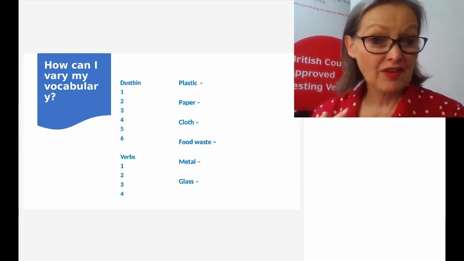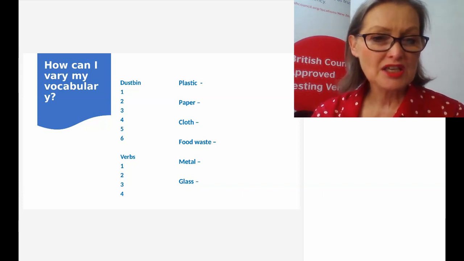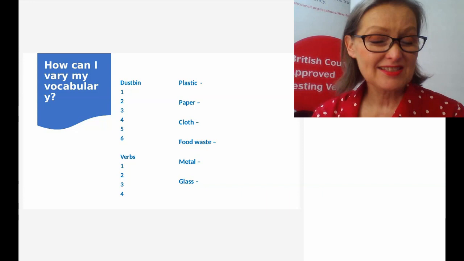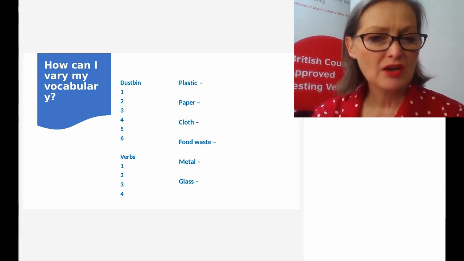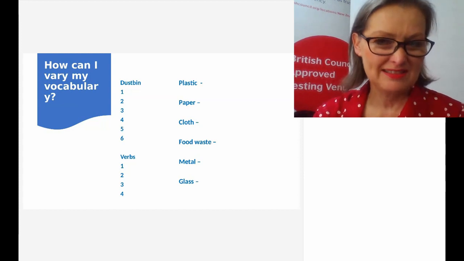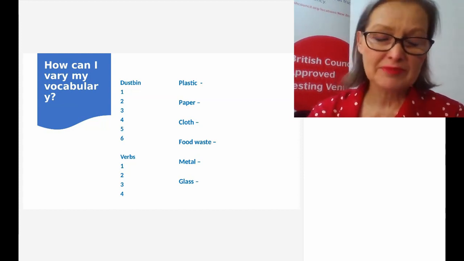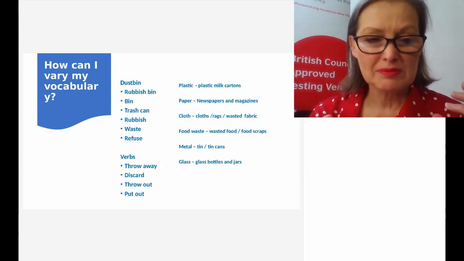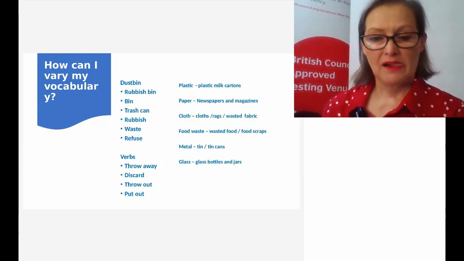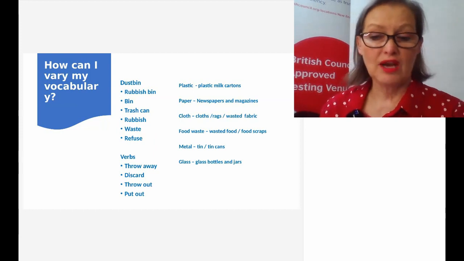Ask yourself 5 questions. Review the data, extract the main points, and then think about vocabulary. How can I vary my vocabulary? Make notes. You could take about 5 minutes to do this, and then you're going to be much better equipped to actually go straight into your writing.